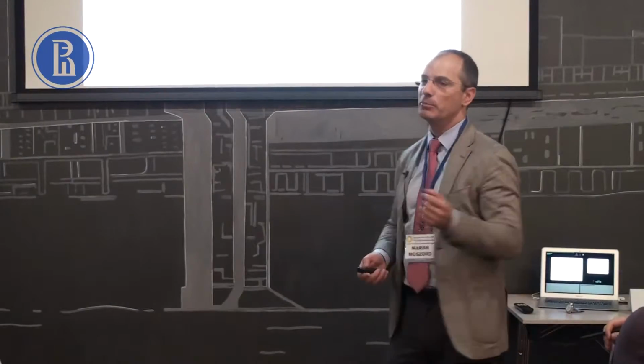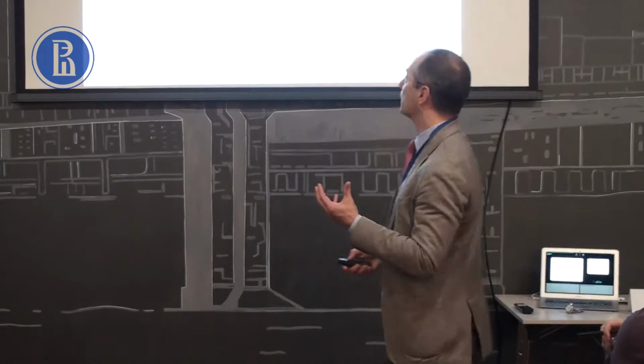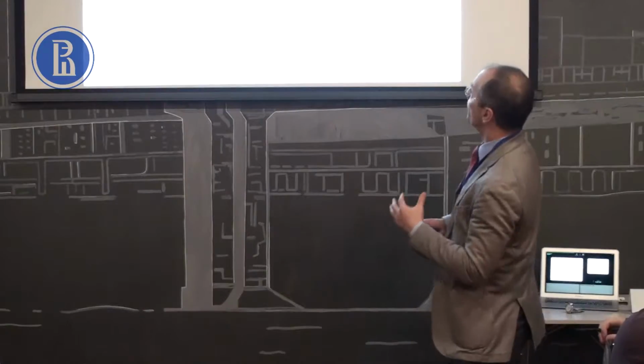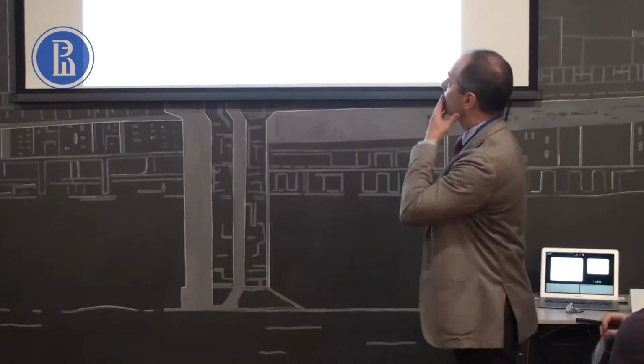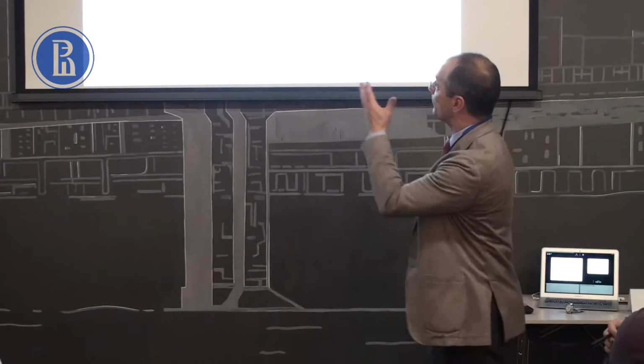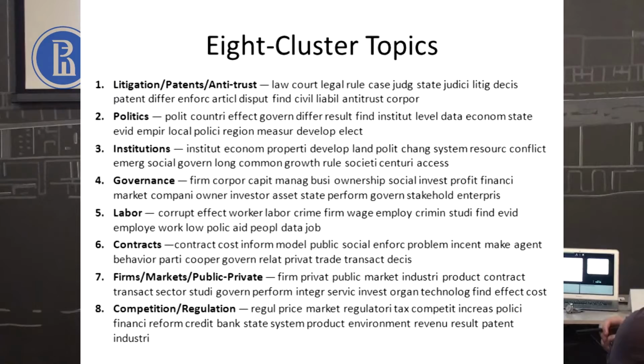So what if I put 8? Would it be more clear? Well, the topics here are evolving into institutions, governance, labor, for instance, corrupt, effect, labor, crime, firm, wage, employment, and all the derivatives, study, find, employee, work, policy. So this is about labor.